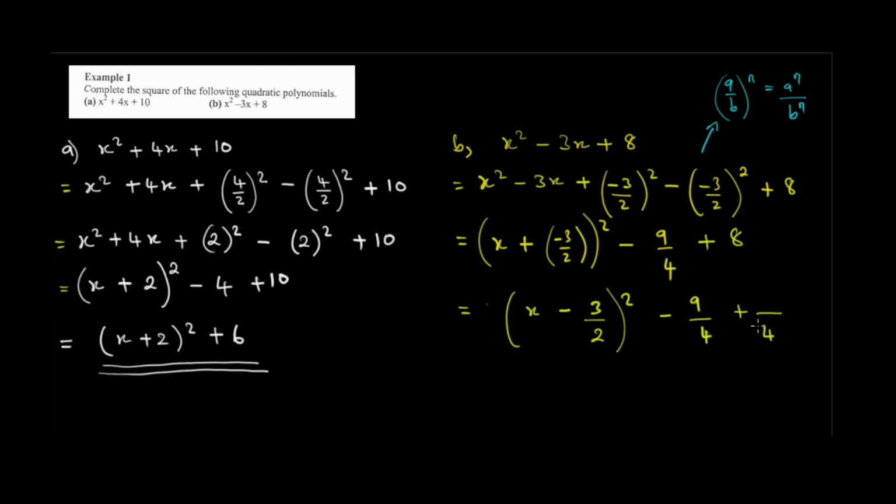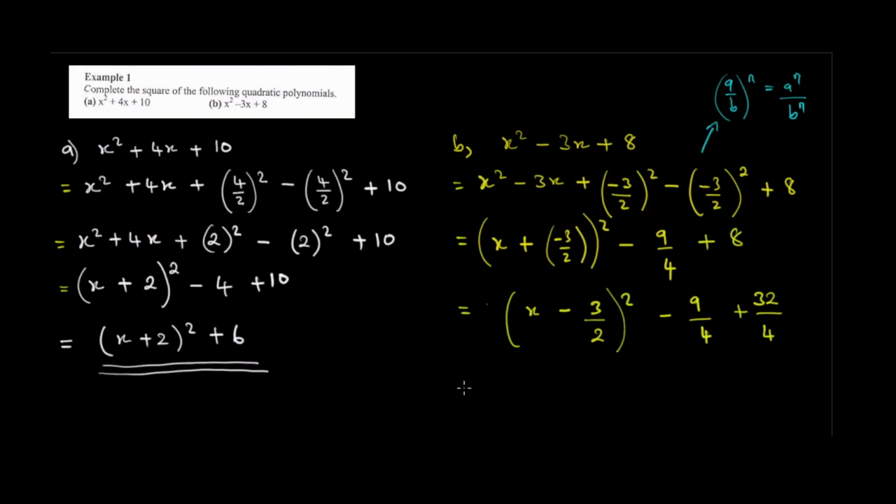What is 8 times 4? 8, 16, 24, 32. So it is 32. See what I have done here: I took 8, which is a whole number, and wrote it as a fraction making sure the denominator is 4. So I multiplied 8 times 4 and got 32. So 32 over 4 is 8.